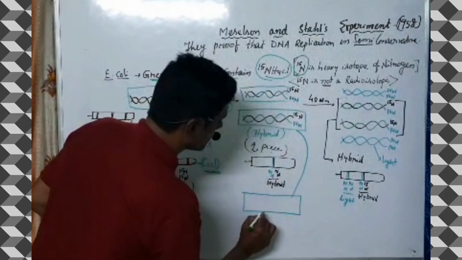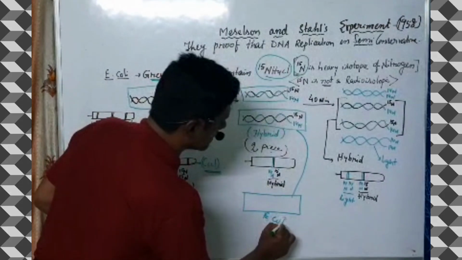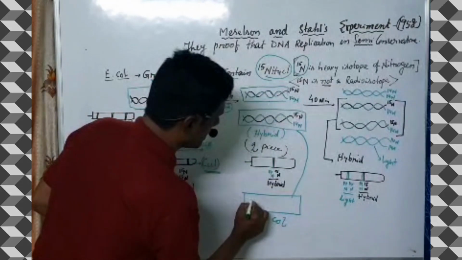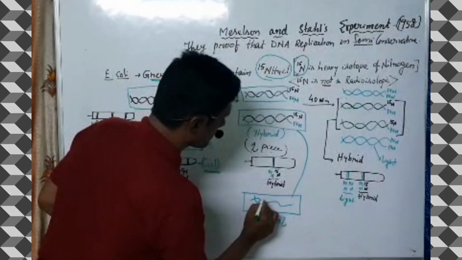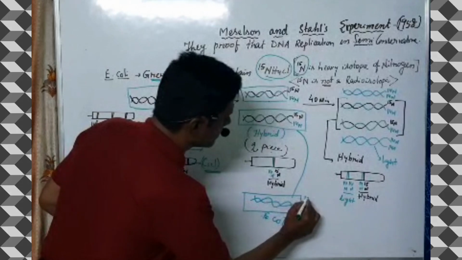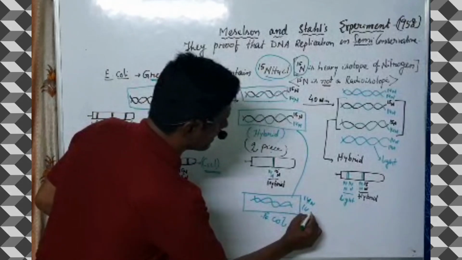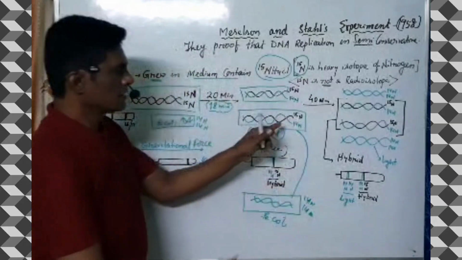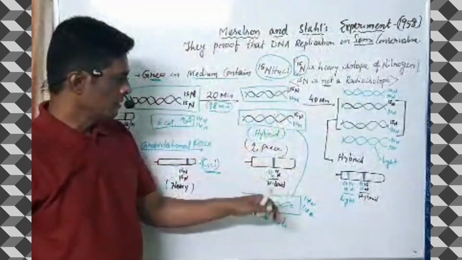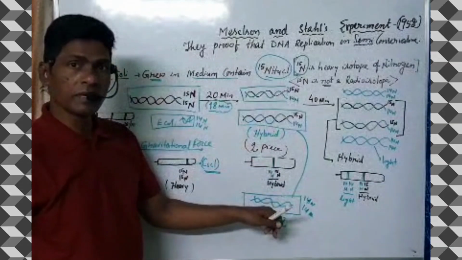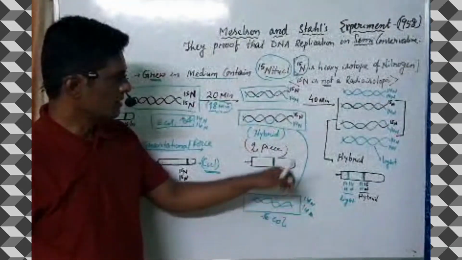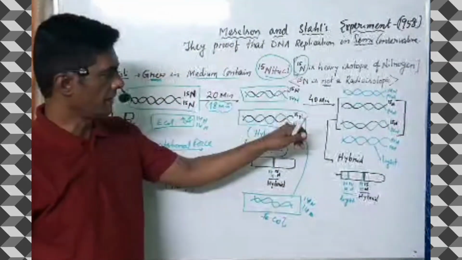Under the culture of E. coli, the E. coli bacteria has light DNA, this is 14N and 14N. So this hybrid DNA, he takes inside the E. coli bacteria, and the E. coli bacteria is cultured with this hybrid DNA.